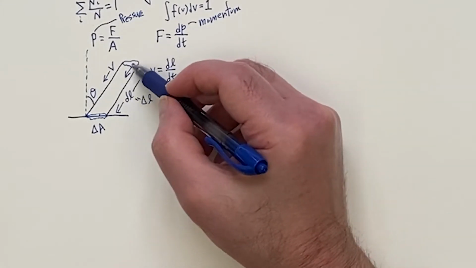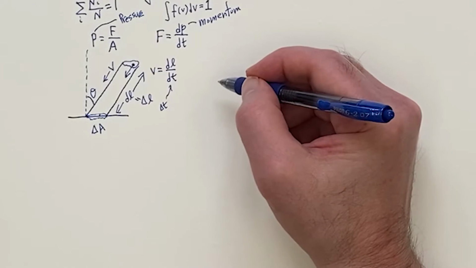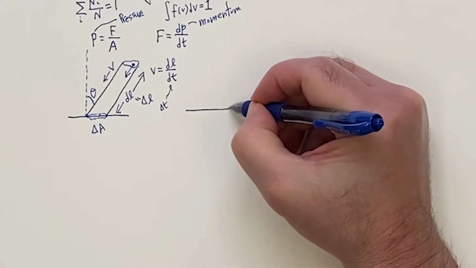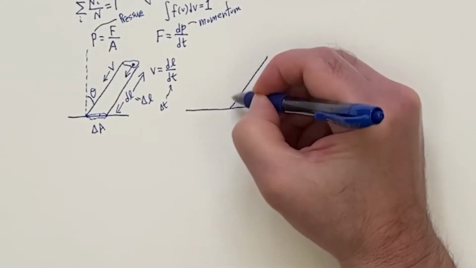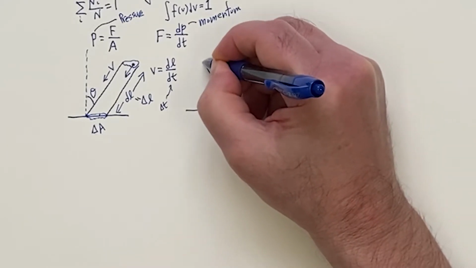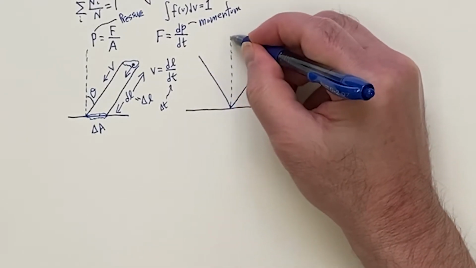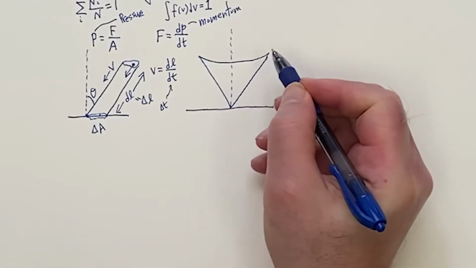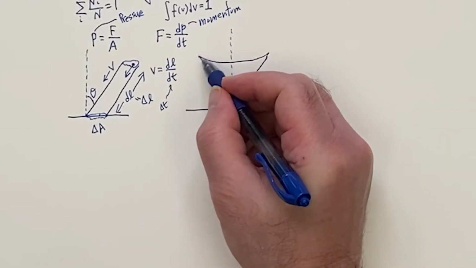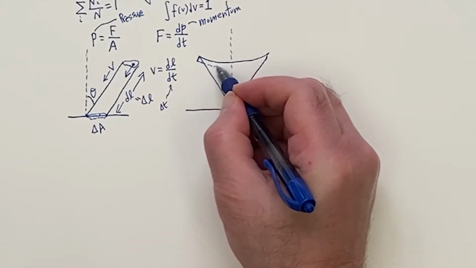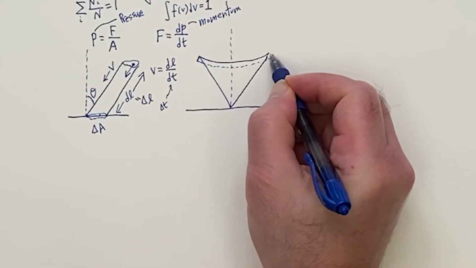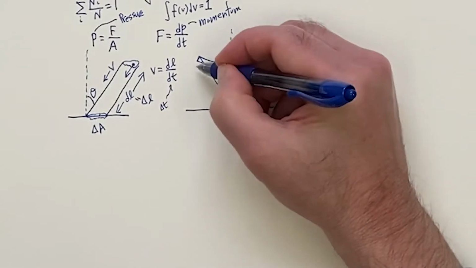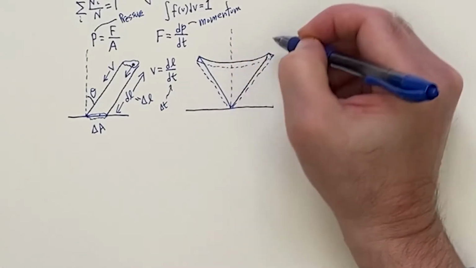So what's the probability of particles coming in at that angle? Well, if we look at, say, here, a cone, where we're coming around like this, and say here a little strip, a little ribbon.